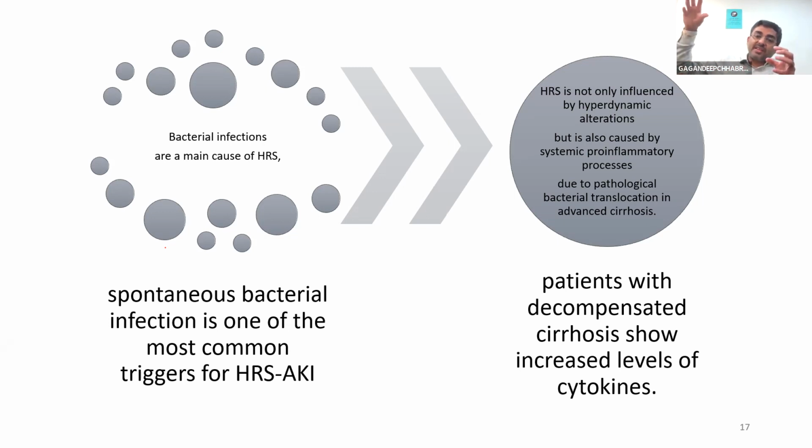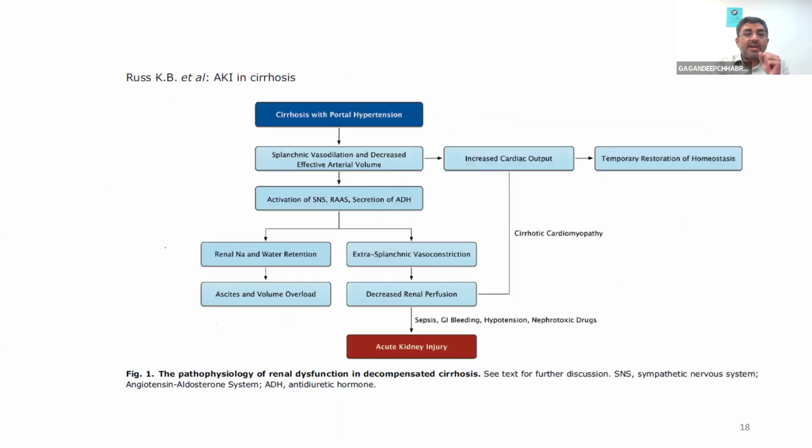So the phenomenon of inflammation plays a very important role here in precipitating renal dysfunction in patients with liver disease. Patients with decompensated cirrhosis show increased levels of cytokines, which show the underlying inflammation going on. Now, this cartoon, in a nutshell, is explaining the same thing which I have done in the last few slides.